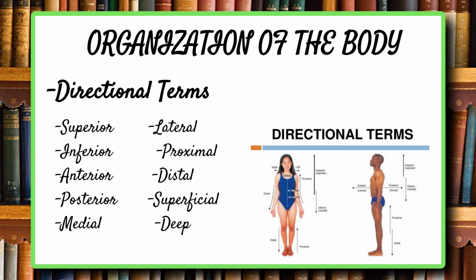Then the fourth one is posterior. I can say the vertebral column is posterior to the heart. It means the vertebral column is at the back of the heart. Then the fifth one is medial. Medial means that the part of the body you're describing is at the middle.